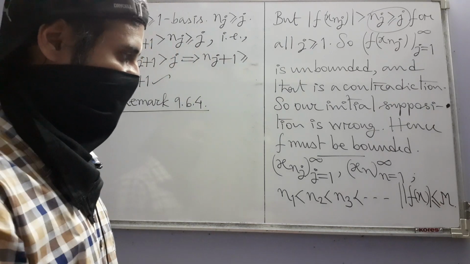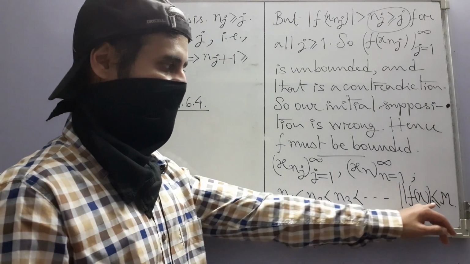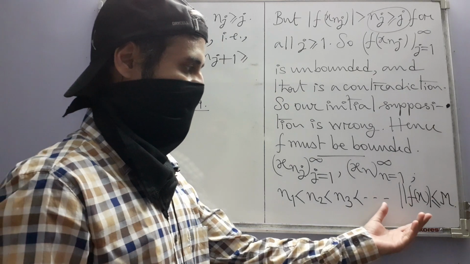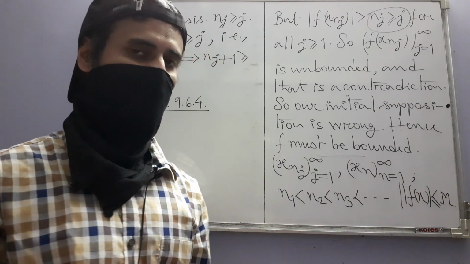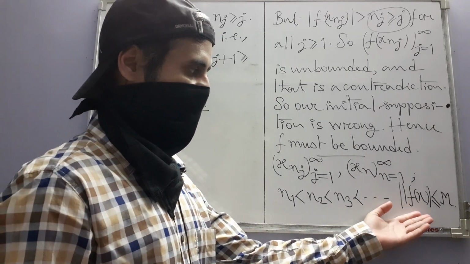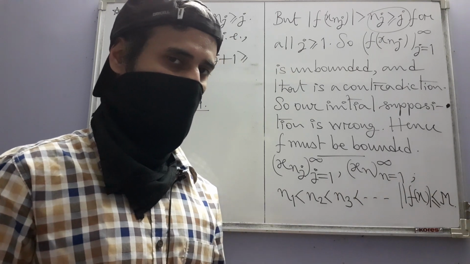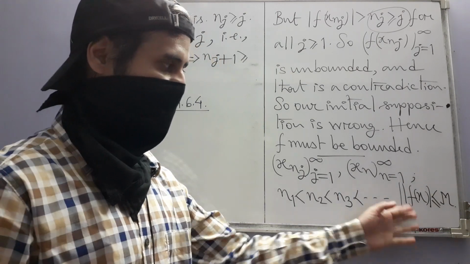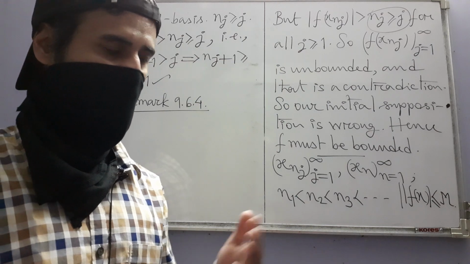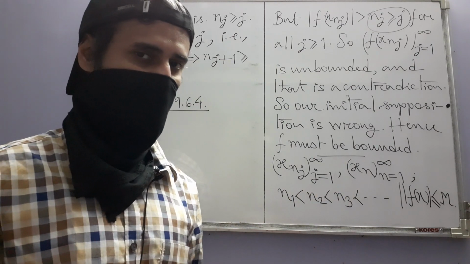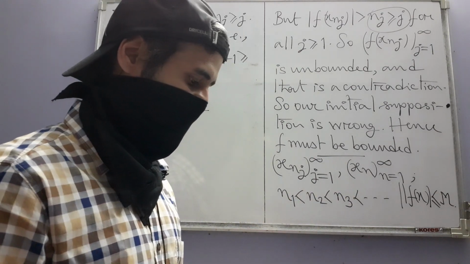No. It's an existence proof. It says that such an M exists. So if you want to find such an M, you have to work separately with the function, the functional values, and then you can figure out what that M is depending on the situation.